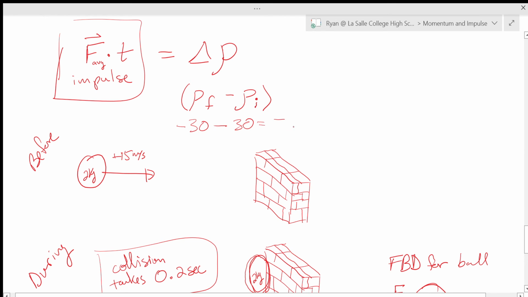So we had a negative 60 kilogram meter per second change in momentum, equal to the force times the time. And in this case, it's only interacting for 0.2 of a second. So if you take that negative 60 over the 0.2 seconds, in kilogram meters per second, then we end up with what?